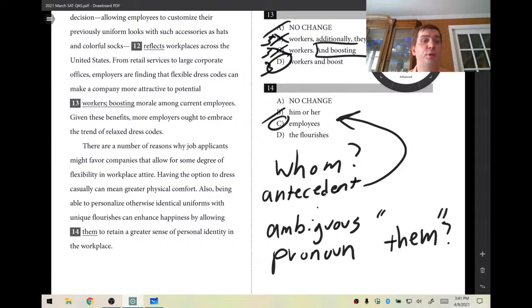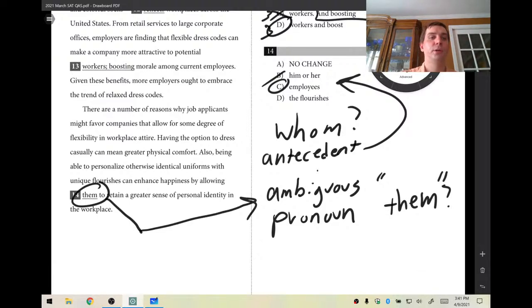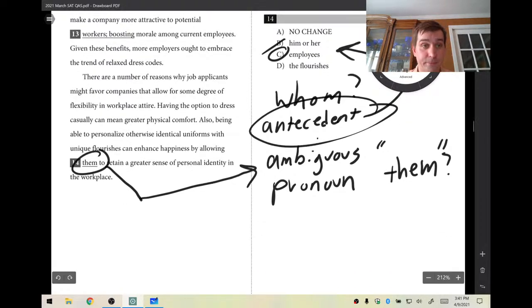Also, being able to personalize otherwise identical uniforms with unique flourishes can enhance happiness by allowing employees to retain a greater sense of personal identity in the workplace. So if it's not immediately obvious who we're talking about, the College Board considers that pronoun ambiguity. You have to clarify. And how can we clarify? Let's just throw the antecedent in, the employees.